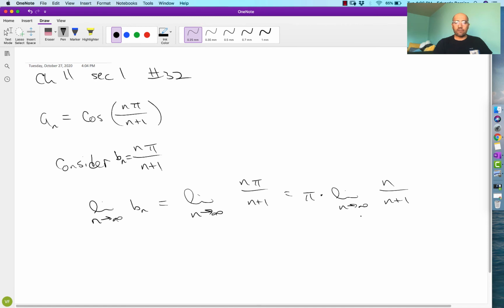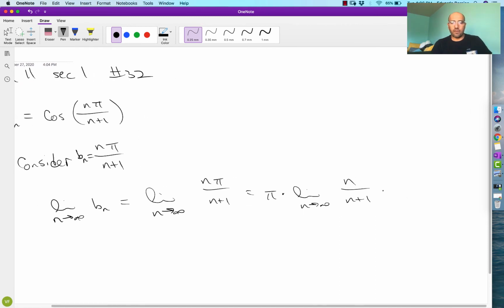As n goes to infinity, we can also multiply the numerator and denominator by 1 over n, 1 over n divided by 1 over n.